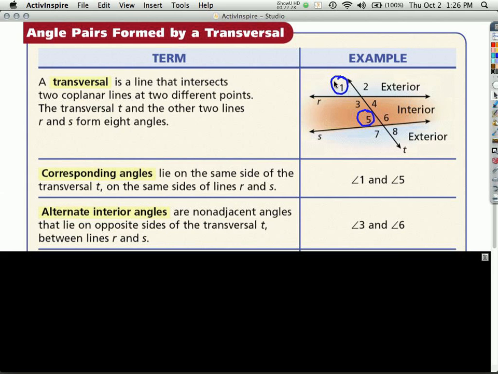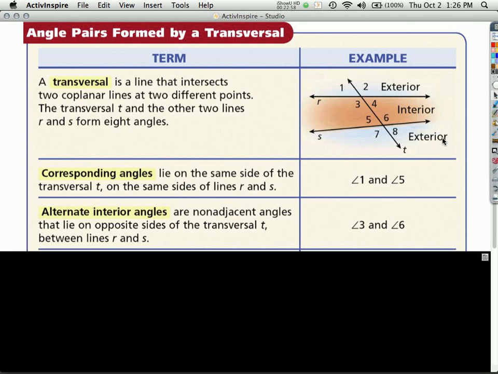Alternate interior angles are on opposite sides of the transversal, and they're on the interior of the picture. You can see that we went ahead and labeled this the interior. This is the interior. This and this constitutes the exterior.